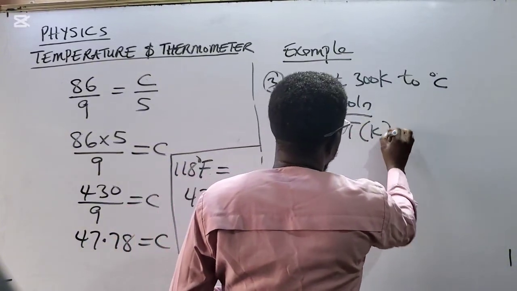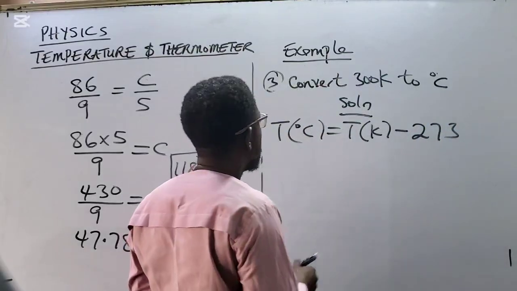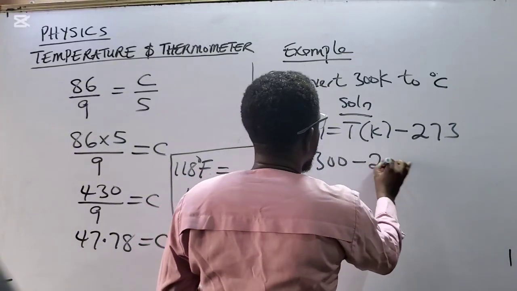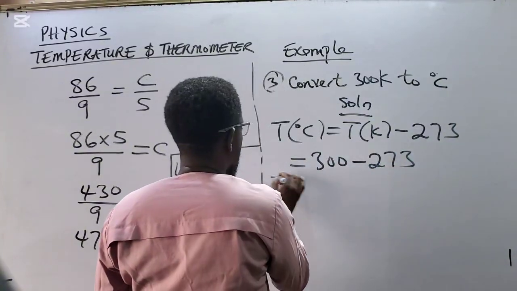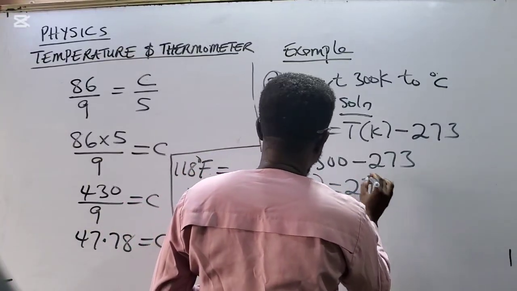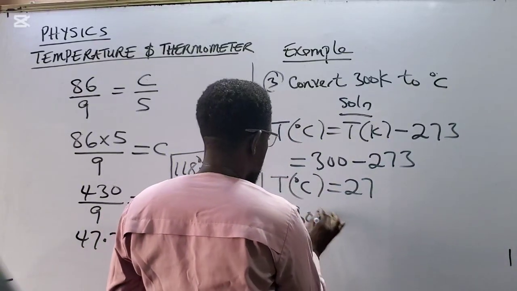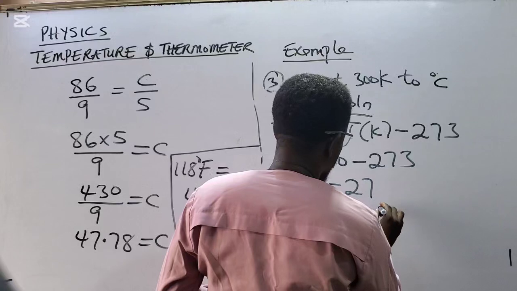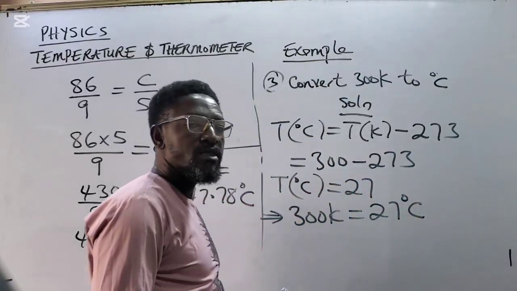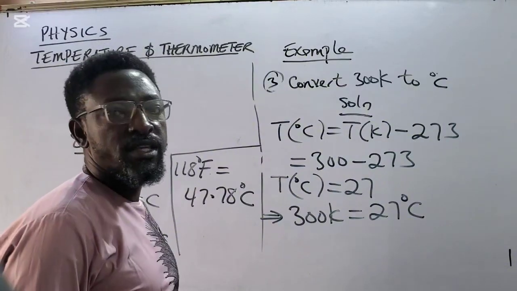Temperature in Kelvin minus 273. So that will give us 300 minus 273 for the temperature in degree C, which is 27. So that implies 300 Kelvin is equal to 27 degree C. So that's how I convert from Kelvin to degree C.